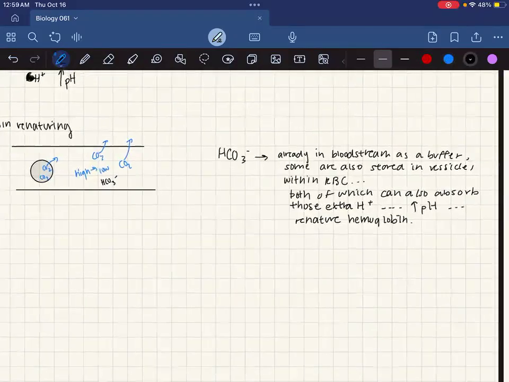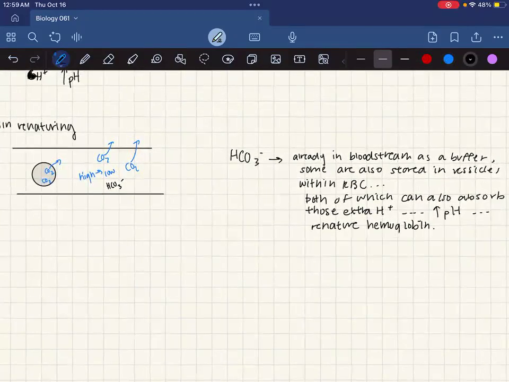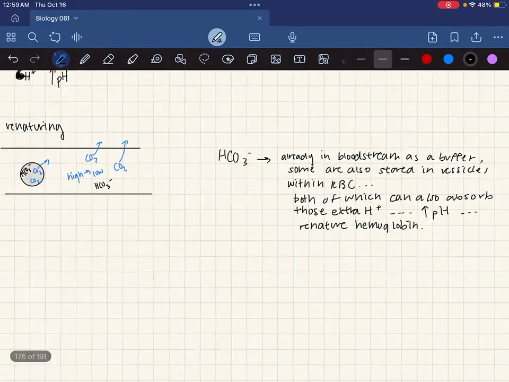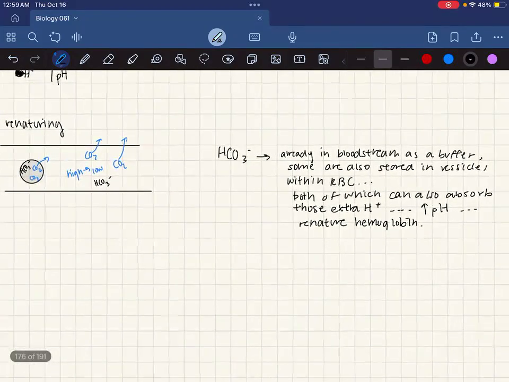Some are also stored in vesicles within the red blood cell. So they were pre-existing. And both can absorb extra H plus ions, which increases the pH. And this allows for the renaturing of hemoglobin.